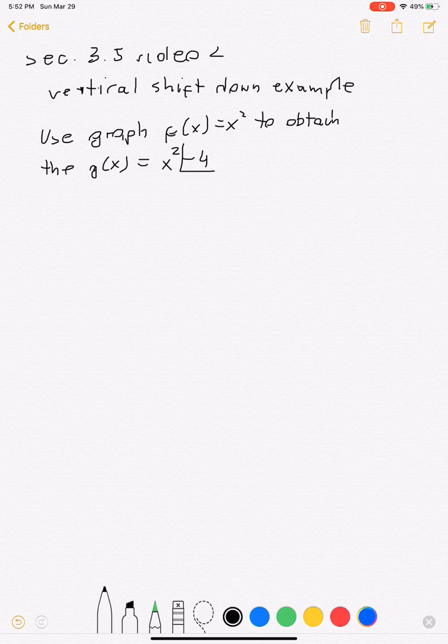So like you see, g of x looks like the original function. The only change is that we have that negative 4, which will be a vertical shift down by 4 units.